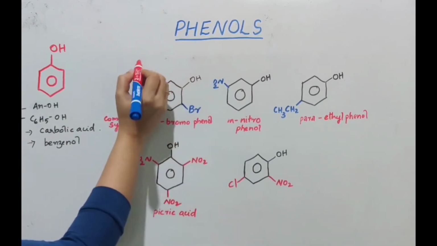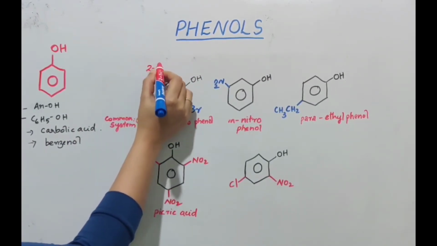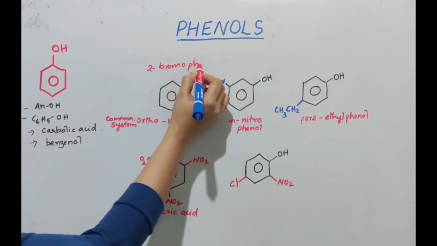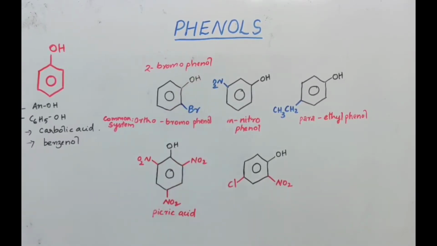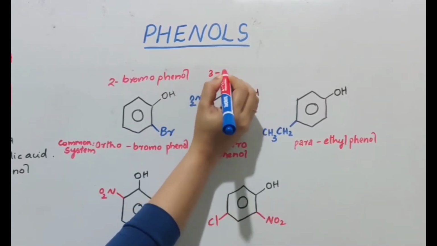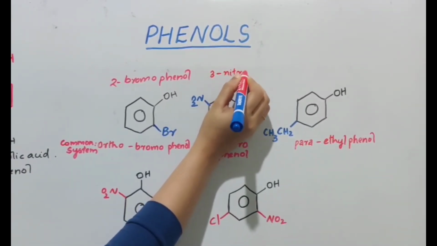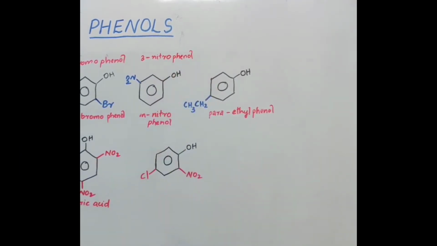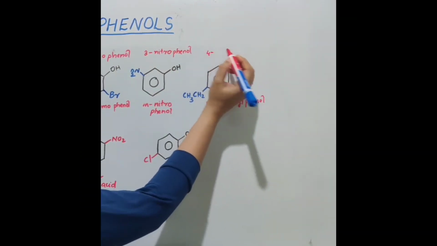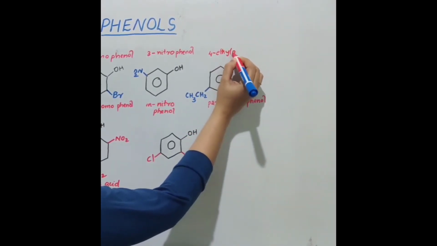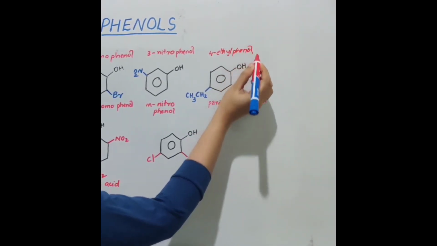In this case, you can write 2-bromophenol, 3-nitrophenol, and finally 4-ethylphenol.